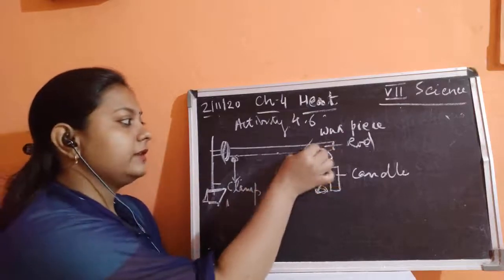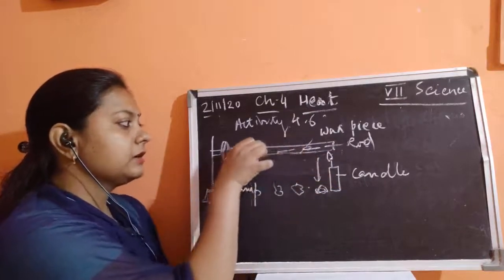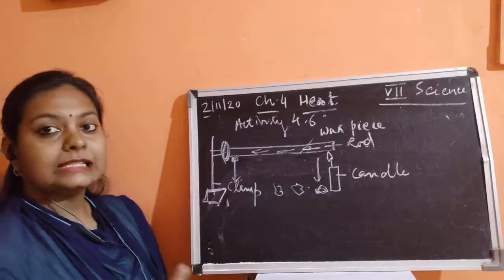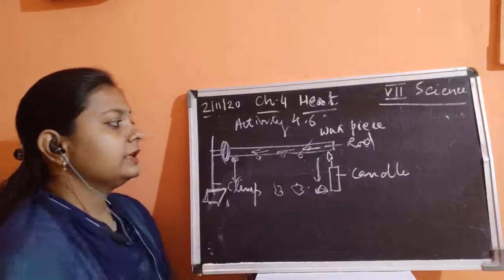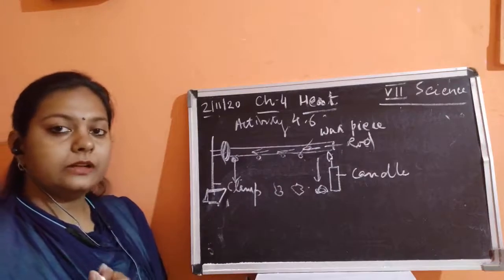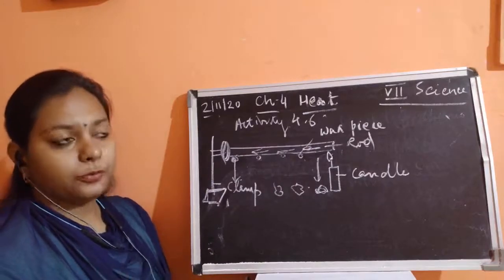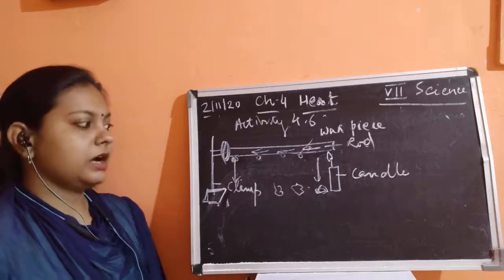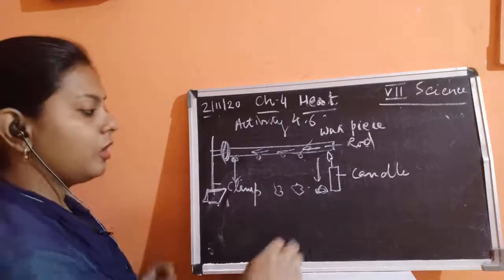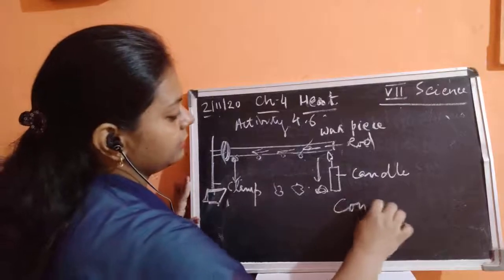Where? It is getting transferred inside this rod. जैसे जैसे heat आगे बढ़ती गई, वैसे वैसे ये wax के जो pieces थे, they started melting and they were falling down one by one. So this gave an idea of the concept of conduction.